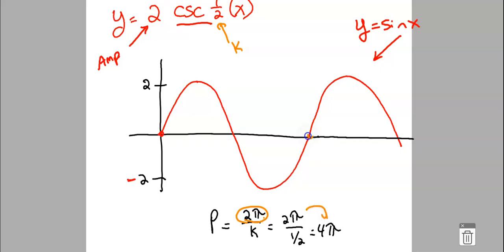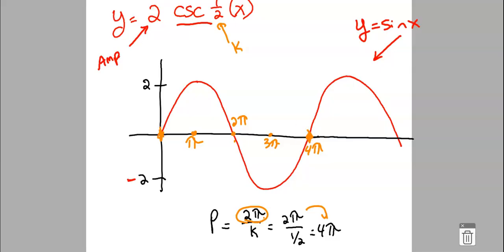So it repeats itself from here to there. That's 4 pi, which means half of that is 2 pi, and then half of that would be pi. So it's counting by 1 pi: 1 pi, 2 pi, 3 pi. And that's one complete period from here to there.